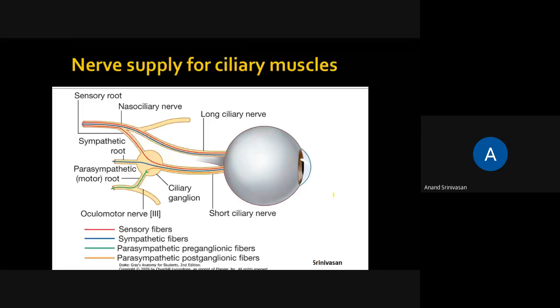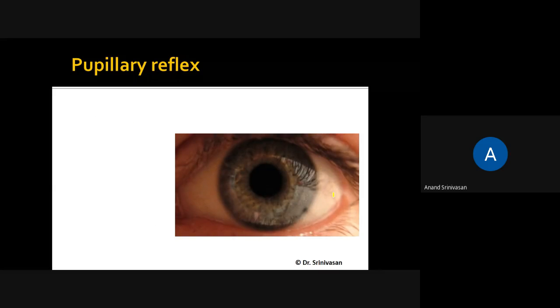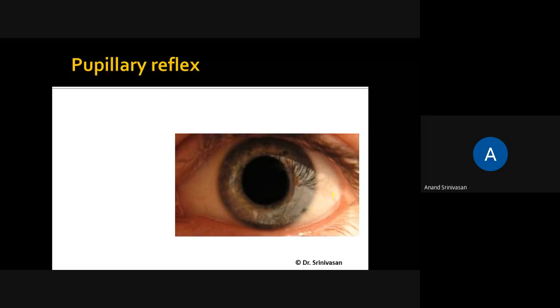Now, what can you see in this picture? It's called the pupillary reflex. Have you observed this reflex? You can test your family members or anybody.